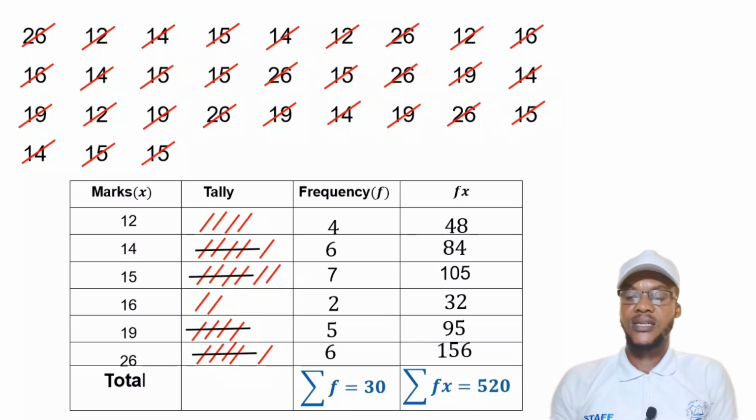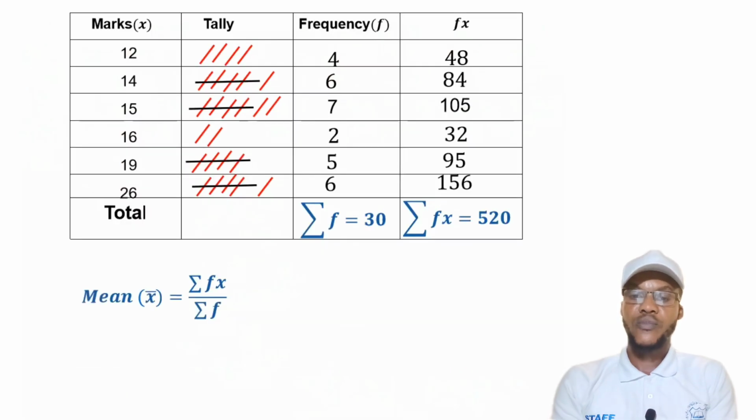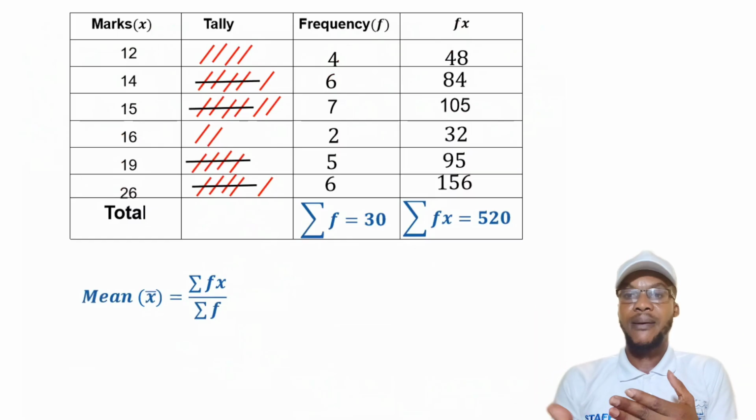So let's find our mean in an ungrouped frequency distribution. For the mean in an ungrouped, it's the same as when we're doing the raw data. You sum all the data points and divide by the number of data points.